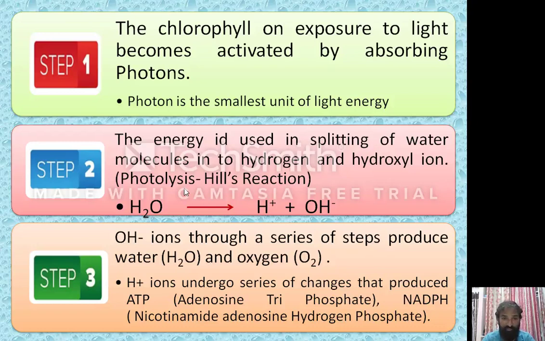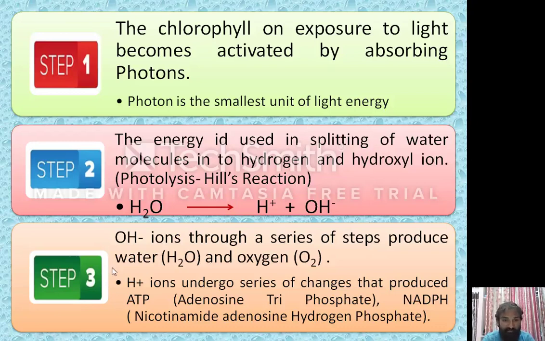So in step 2, the energy is used in splitting the water molecule into hydrogen and hydroxyl ions. Every water molecule present in the chloroplast is divided to form hydrogen and hydroxyl ions.